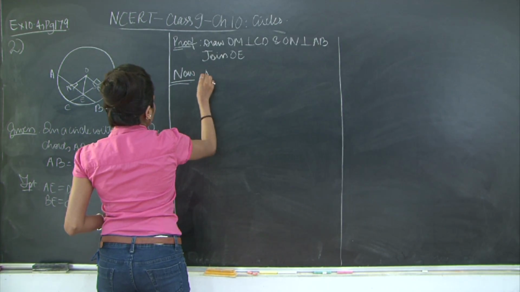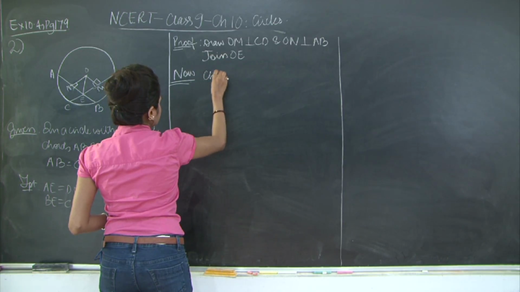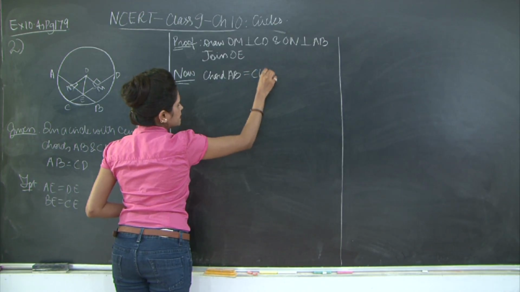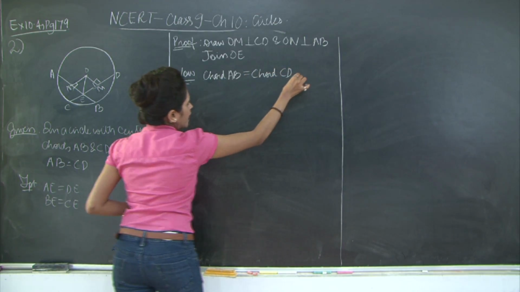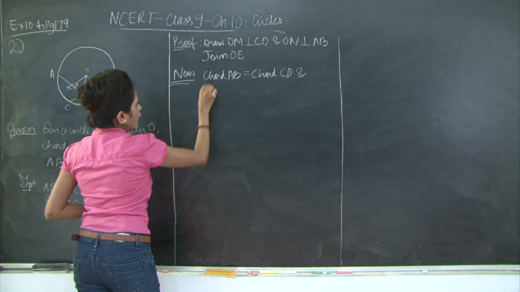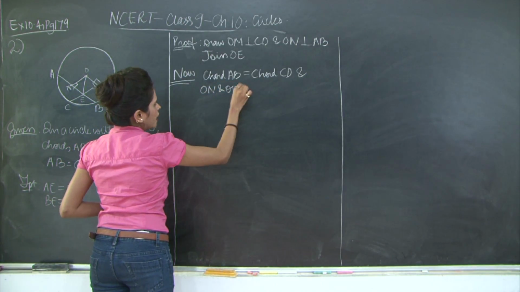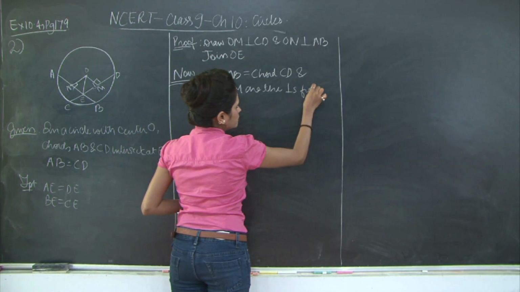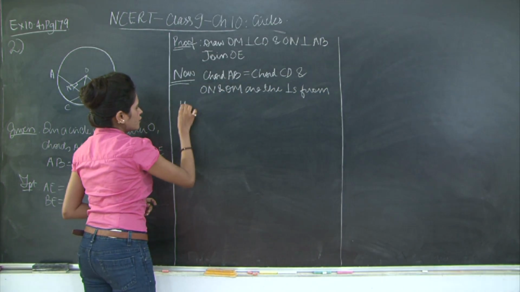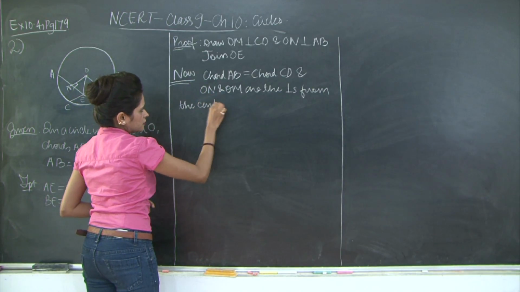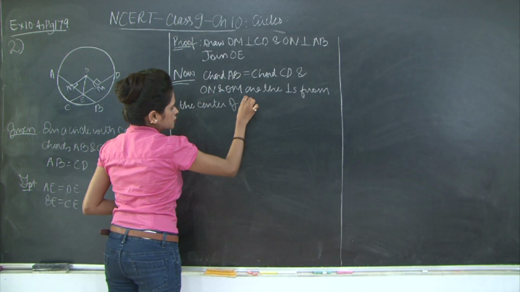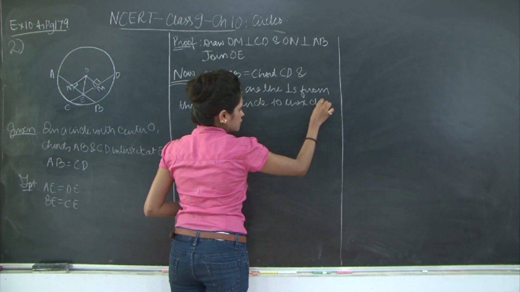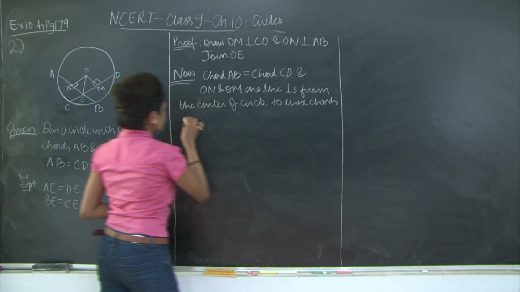Now, chord AB is equal to chord CD, and ON and OM are the perpendiculars from the center of the circle to these chords respectively.